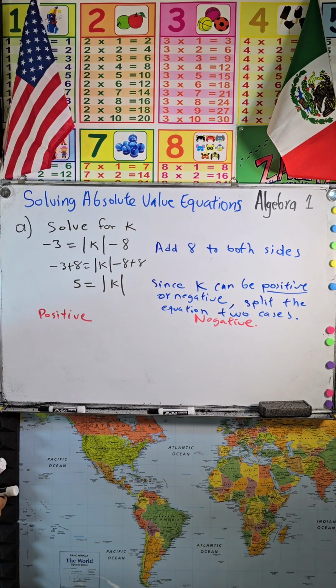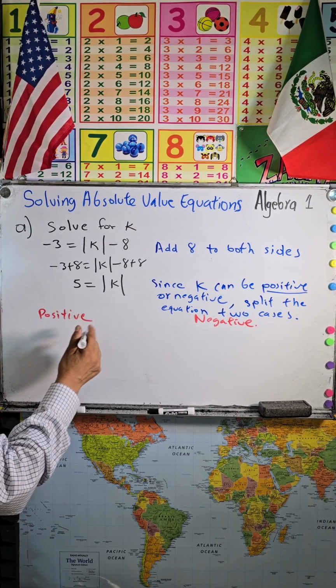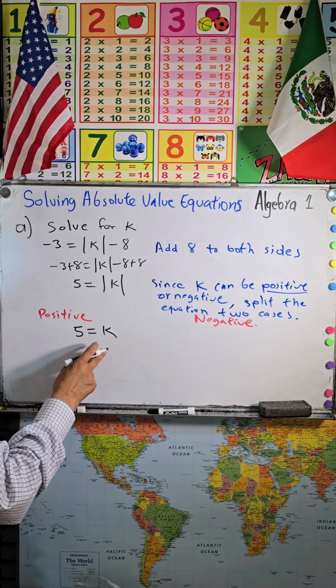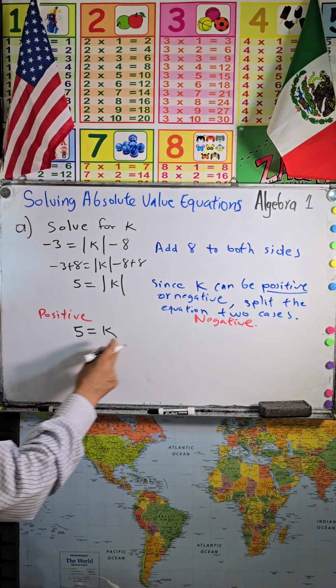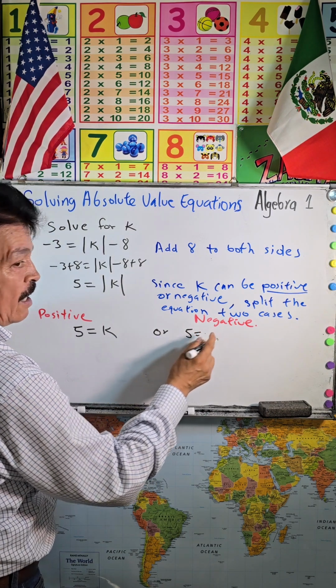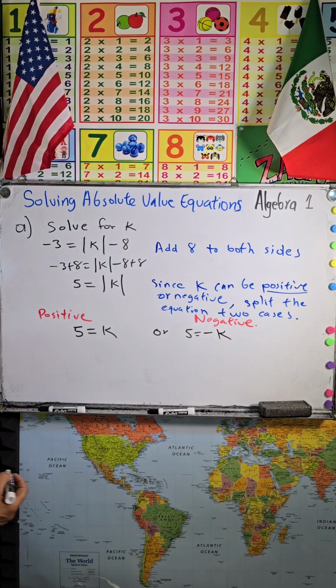Here we have 5 equals k, or 5 equals negative k.